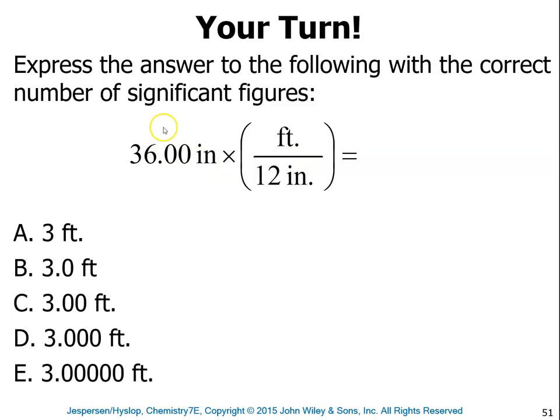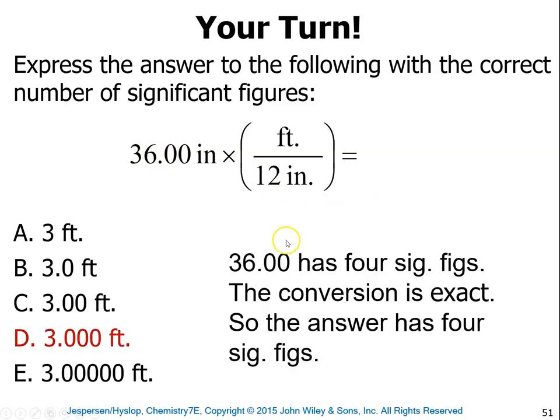I can multiply this by this conversion factor, and what is going to happen is, again, we're not looking at significant digits, so we take 36 divided by 12, and that answer comes out to be 3, but you're going to want to keep the 4 significant digits from this initial question here. So 36.00, 4 significant digits. Our answer should be presented in 4 significant figures as well.